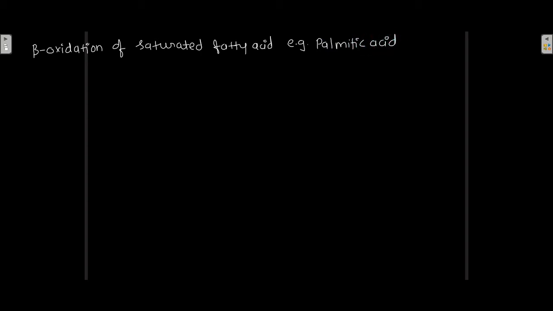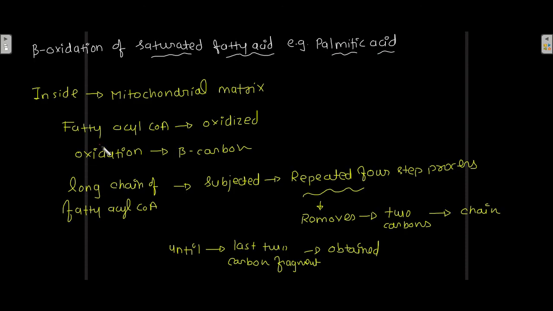Now let's see the beta oxidation of a saturated fatty acid, for example palmitic acid. Once the fatty acyl coenzyme A is inside the mitochondrial matrix, it is oxidized at the beta carbon.